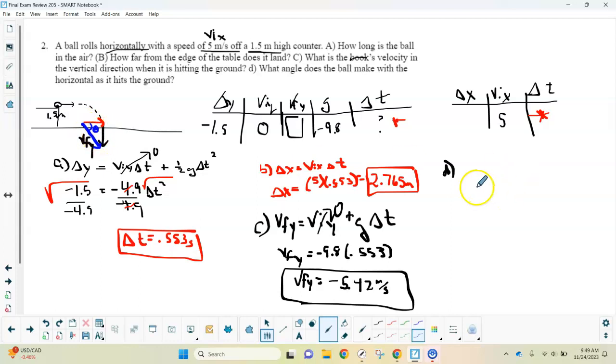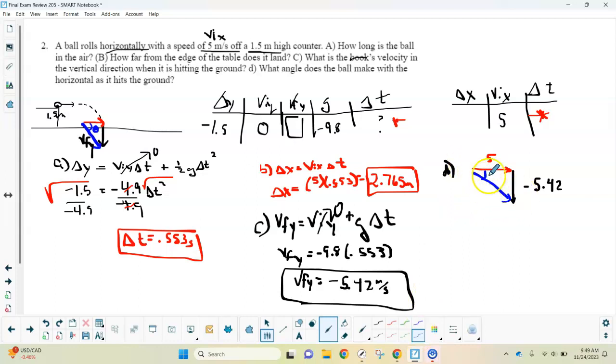So with theta, if I redraw this triangle again with some numbers in it. So we have 5 going across to the right, that's the horizontal piece. And I have 5.42 negative going down. And we want this angle theta.